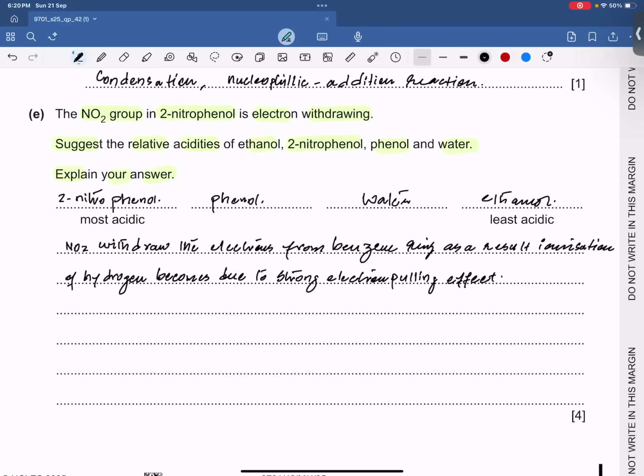Okay. Now phenol has a resonance process.